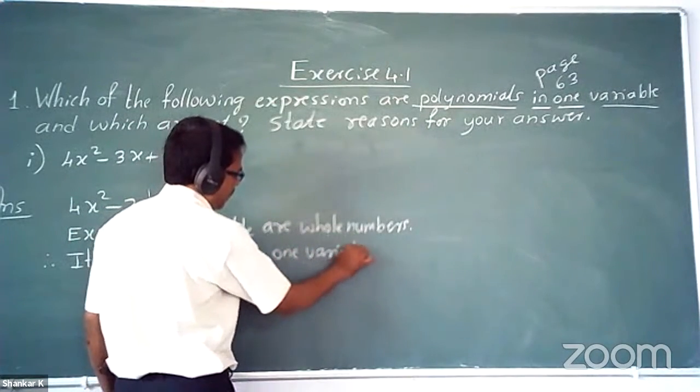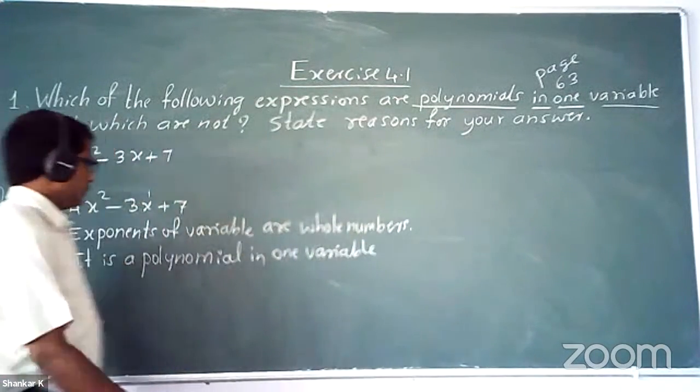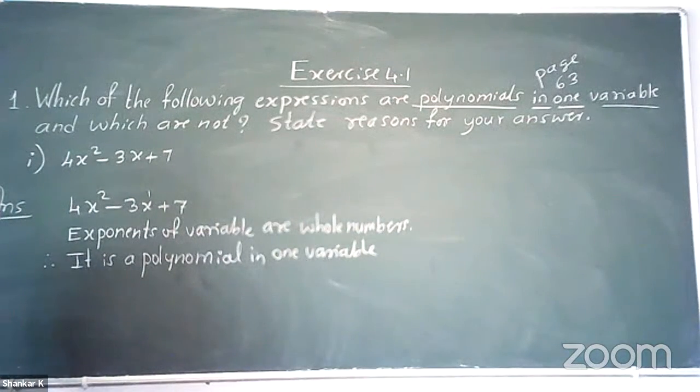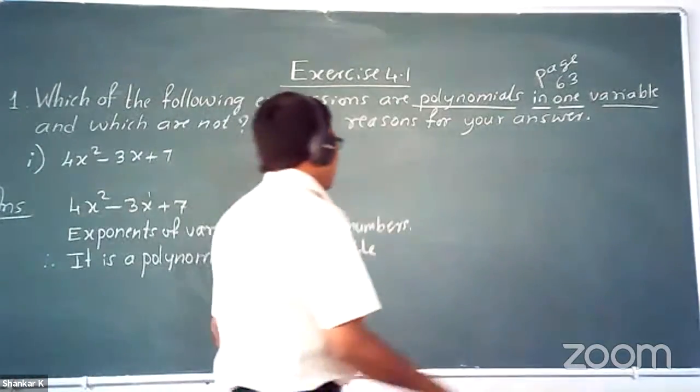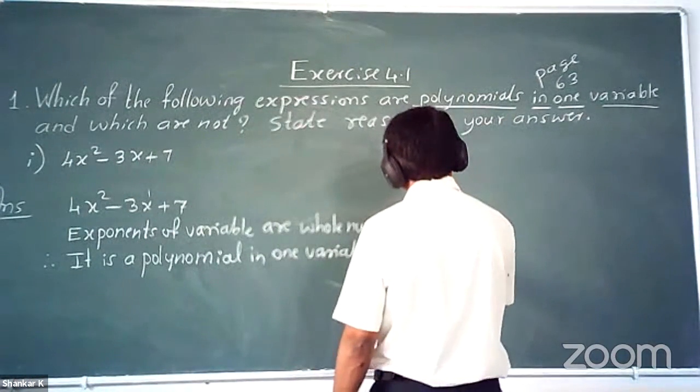Why one variable? Only x is there. Exponents of the variable are whole numbers. Here 1, here 2. Exponents of variable are whole numbers, and there is only one variable, you can mention that also.